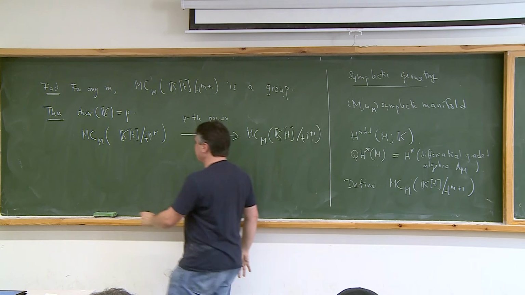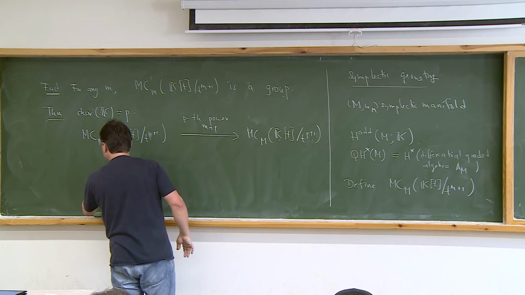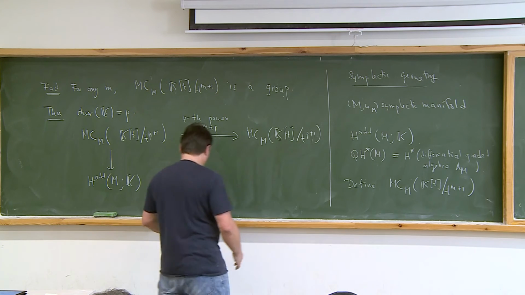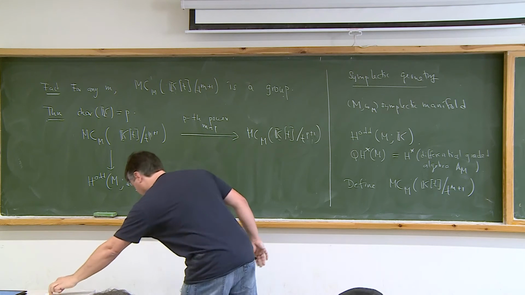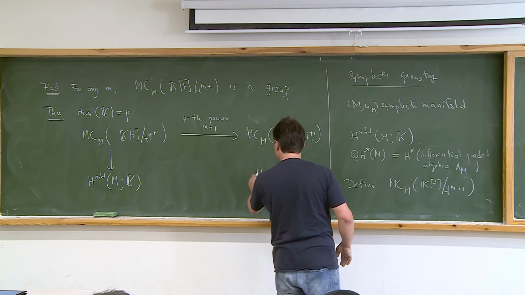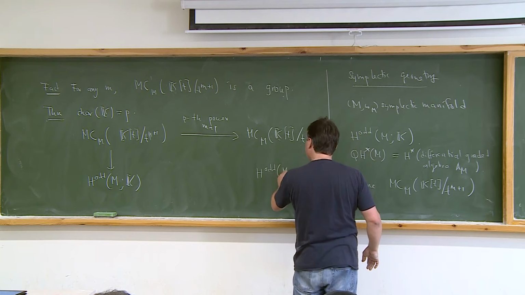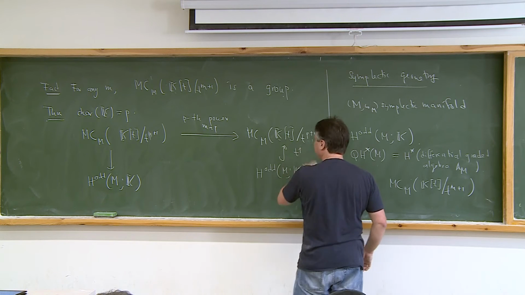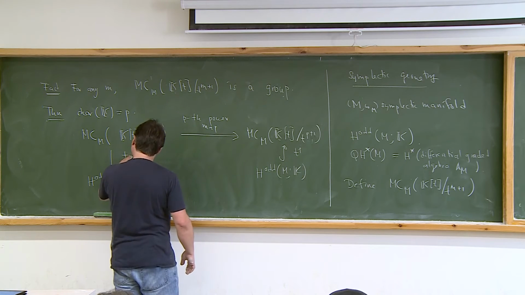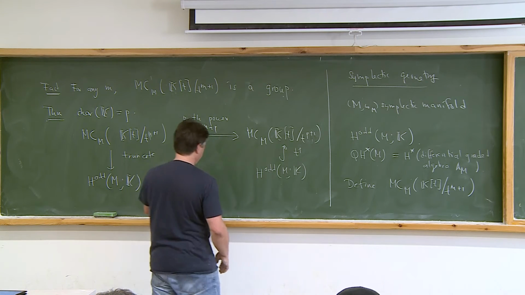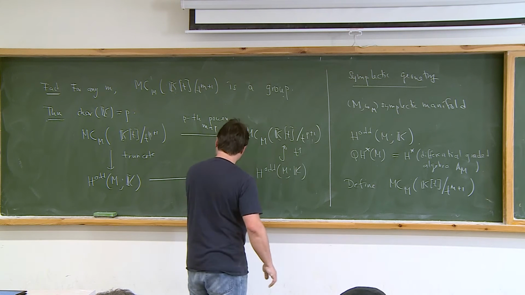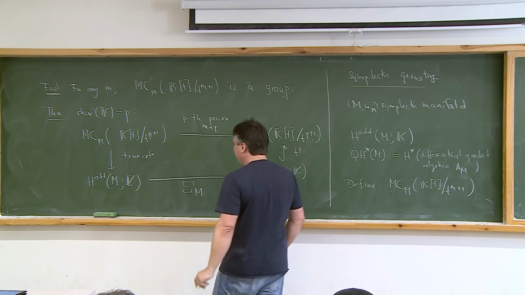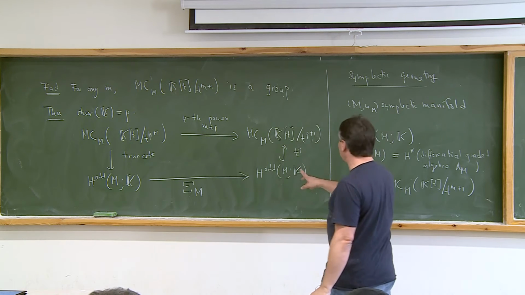So when I truncate to order 1, I just get the odd dimensional cohomology of the manifold. Here I multiply by t to the p. Here I truncate. And now there should be some map here which fills this in.